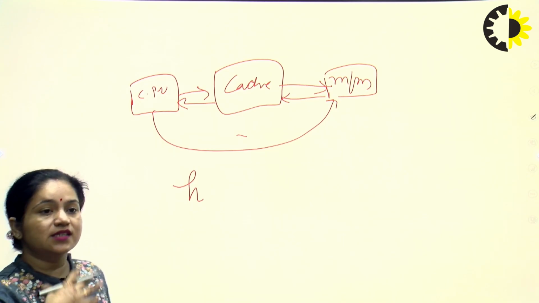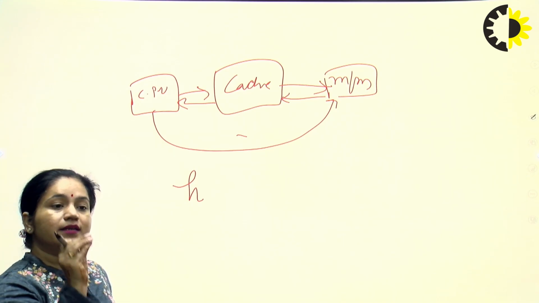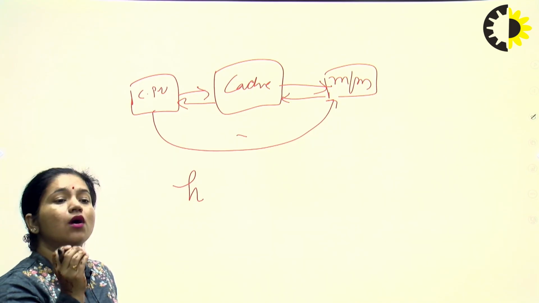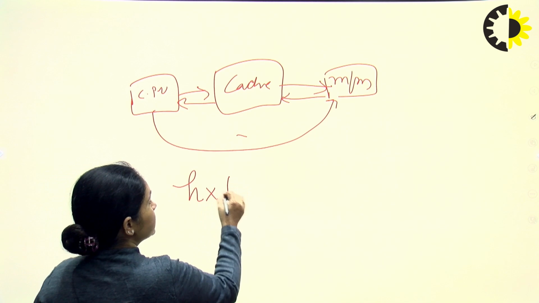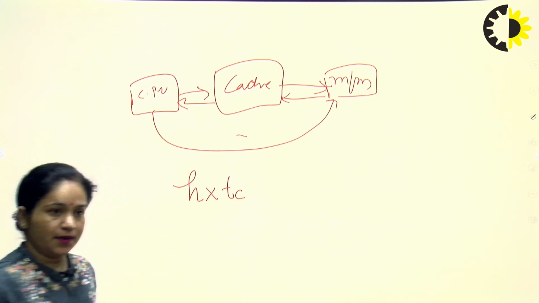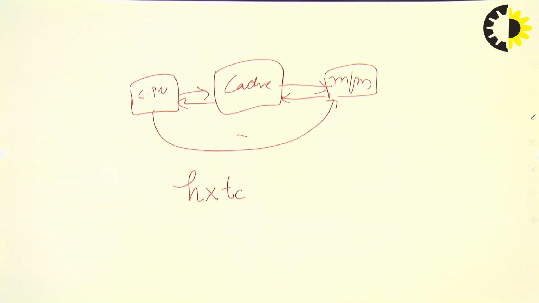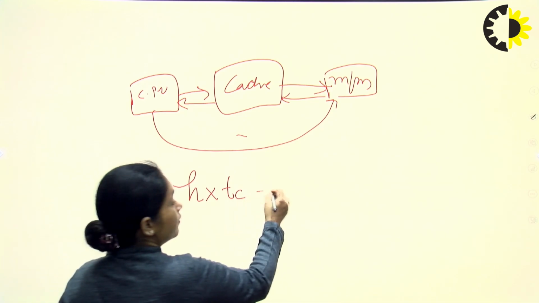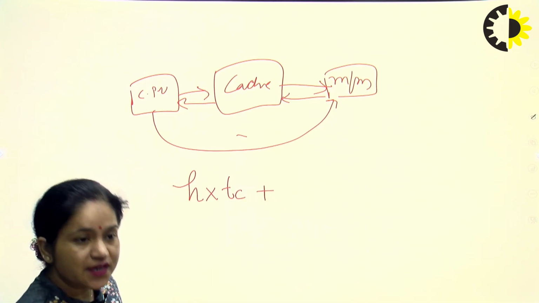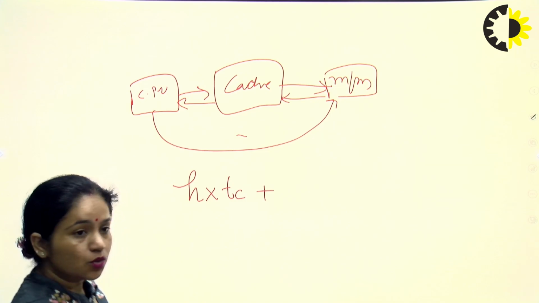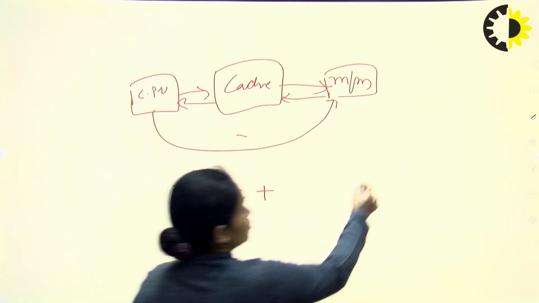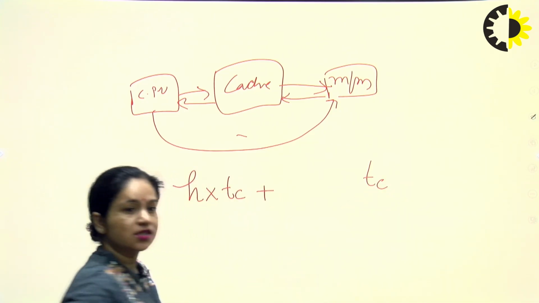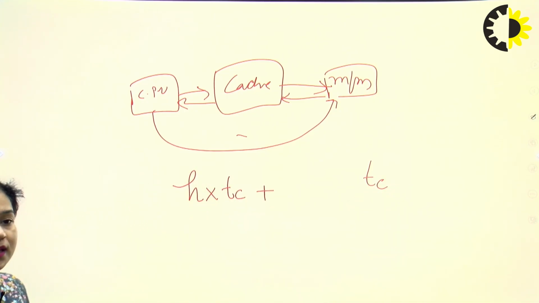Means to access the data, it will take 10 nanoseconds or 2 nanoseconds. I'll call it the total access time of cache memory. Okay. But what happens when it is not present in the cache memory? First it will go to the cache memory. So there will be the cache memory access time. There will be. But it is a miss.